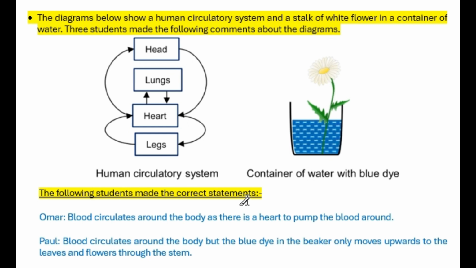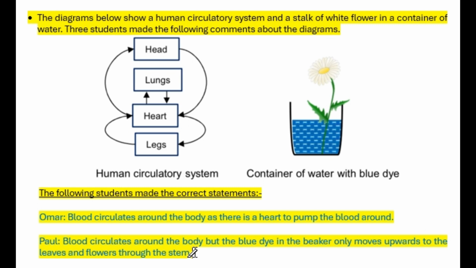Omar, blood circulates around the body as there is a heart to pump the blood around. Paul, blood circulates around the body, but the blue dye in the beaker only moves upwards to the leaves and flowers through the stem.